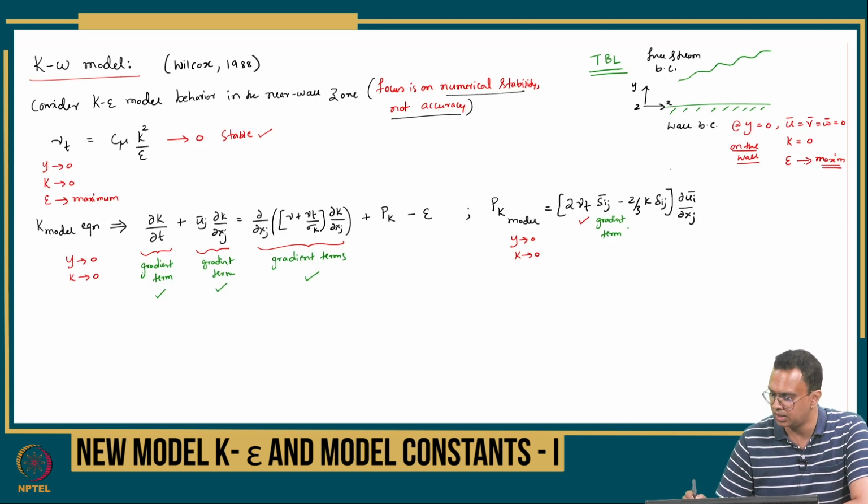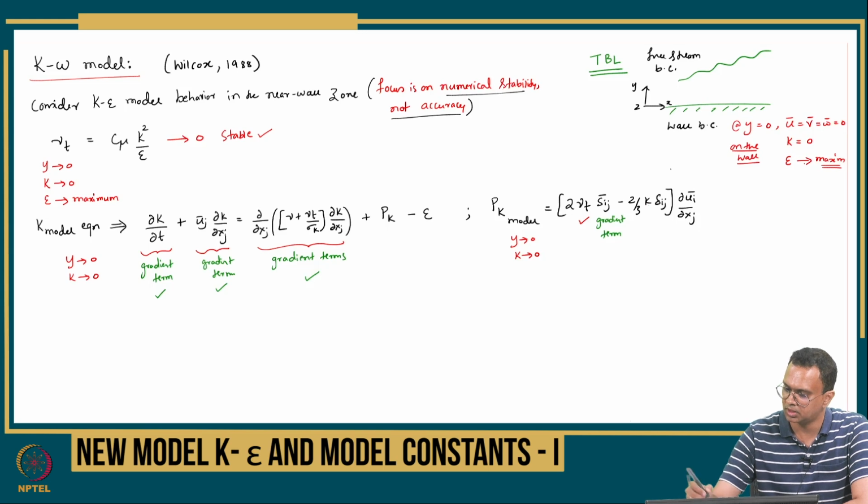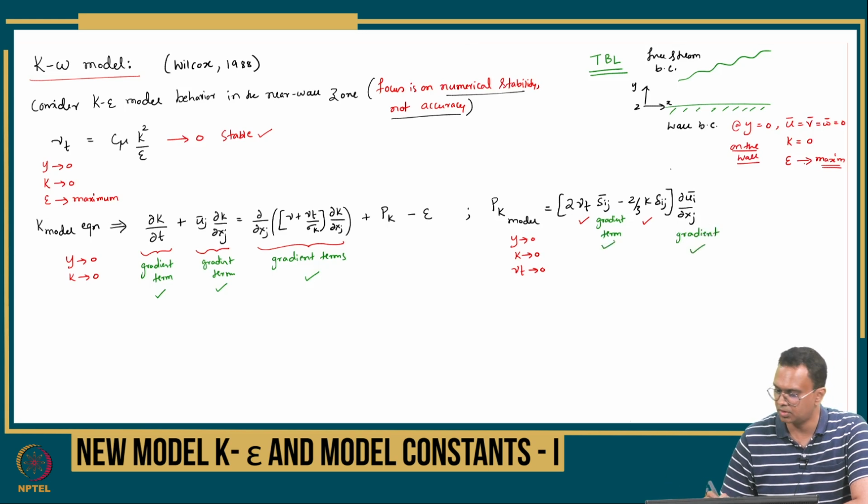You can compute the gradient close to the wall, and k goes to 0, right? So the k also going to 0. k goes to 0, νt goes to 0, no issue. This is again gradient. So these are all fine.